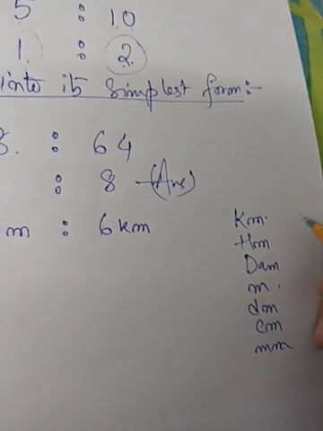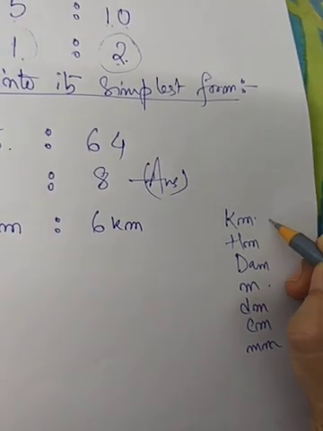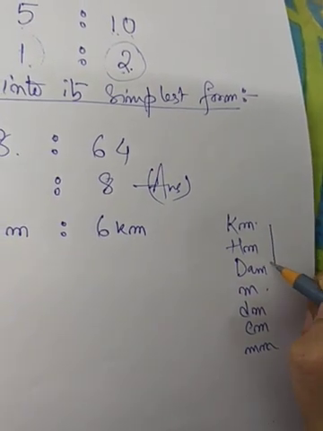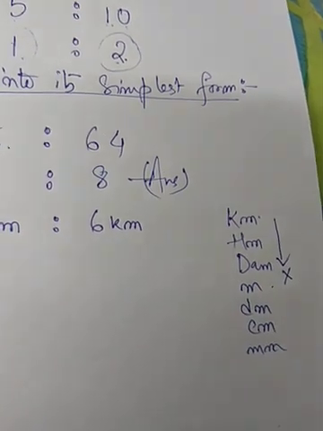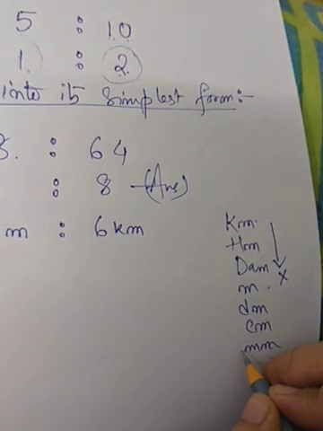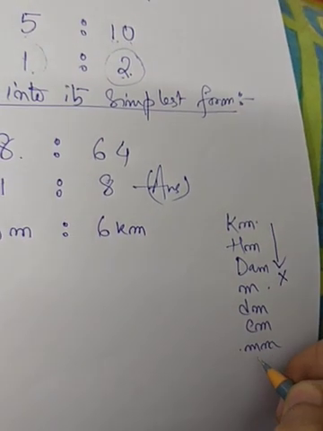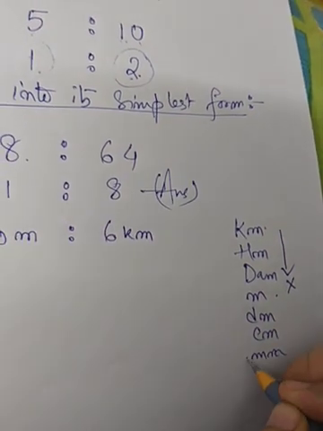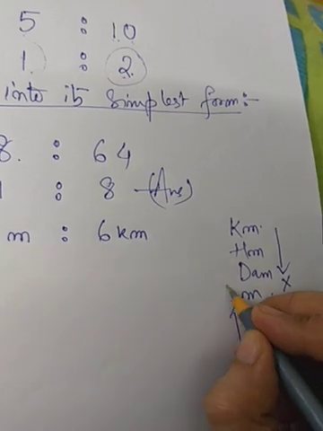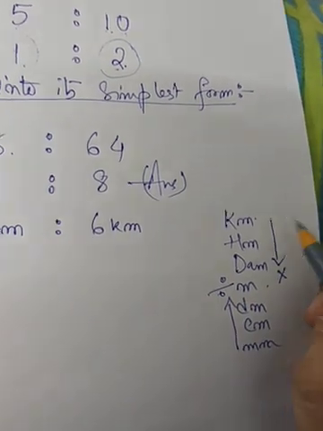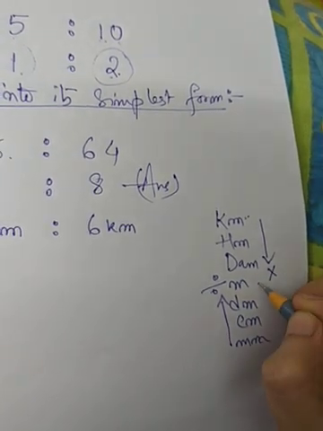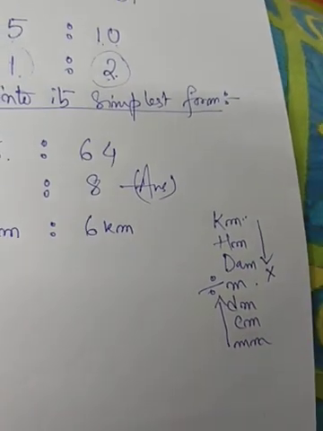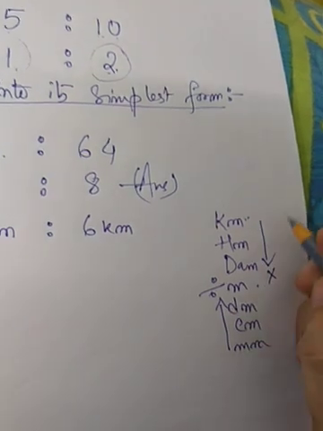Remember one thing: when we are moving from kilometer to the lower units, we will do multiplication. And if we are converting from the lower units to the upper, we will divide. So here we are going to convert from kilometer to meter.